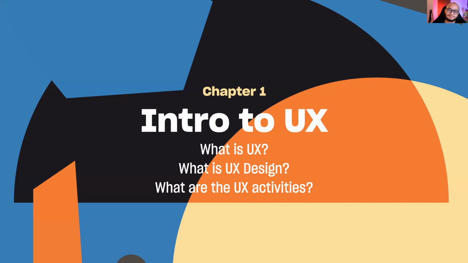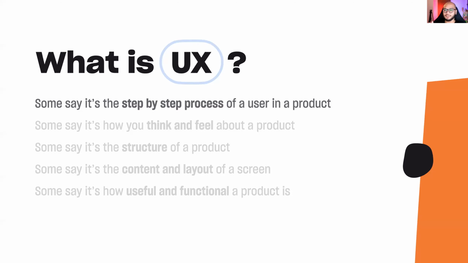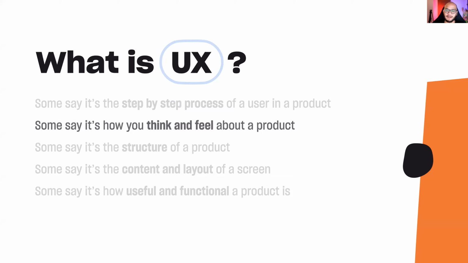So, intro to UX. What is UX? What is UX design? And what are the UX activities? Some say UX is the step-by-step process of a user in a product, so that might be the customer journey. Some say it's how people think and feel about the product, their reaction to your product, service, app, or website.